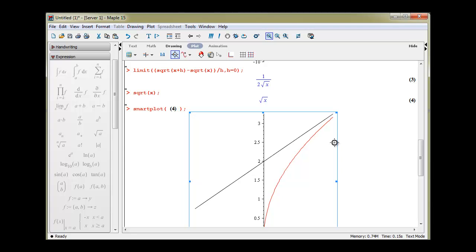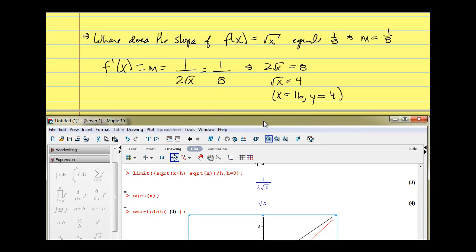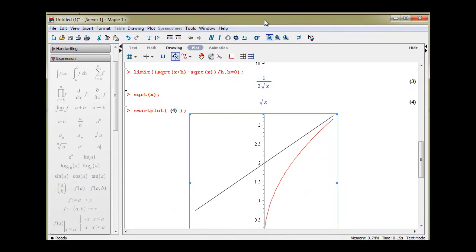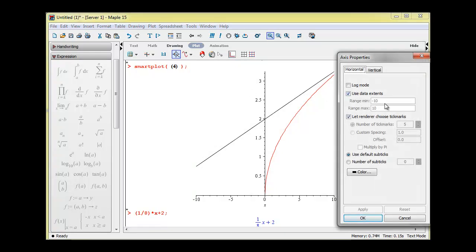And whoa, we got a little bit of a problem here. Let's look at this ordered pair. Our ordered pair was (16, 4), and if we look at our scale here, our scale's not even hitting 16. So let's go ahead and look at our graph. There's no sense in having negative values here because square root's undefined in the real number system. So let's change these values, horizontally from 0 to 20.